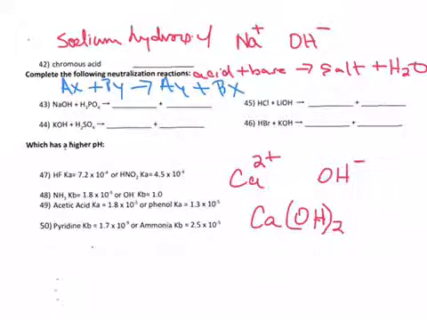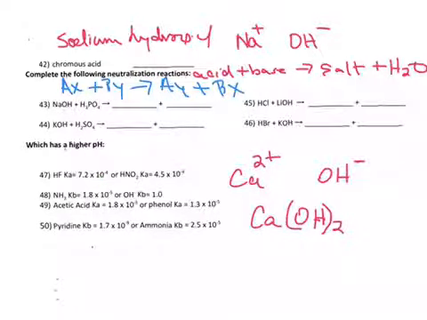Anyways, okay, so looking at 47, here it's giving us the Kas, which means we're looking at the constants of the acids of hydrofluoric acid and of nitrous acid. Which one would be a stronger acid? Which one would have the lower pH?